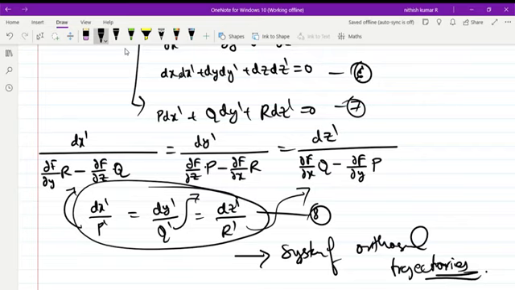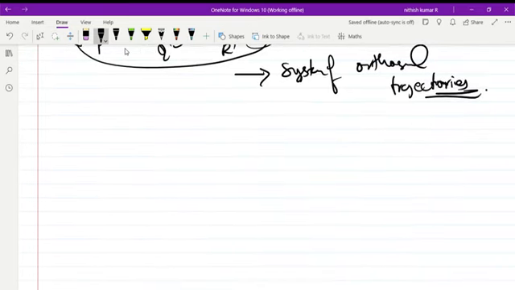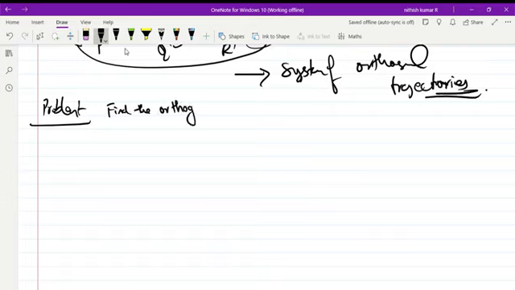Okay, let's begin with a problem. Consider: find the orthogonal trajectories on the cone.